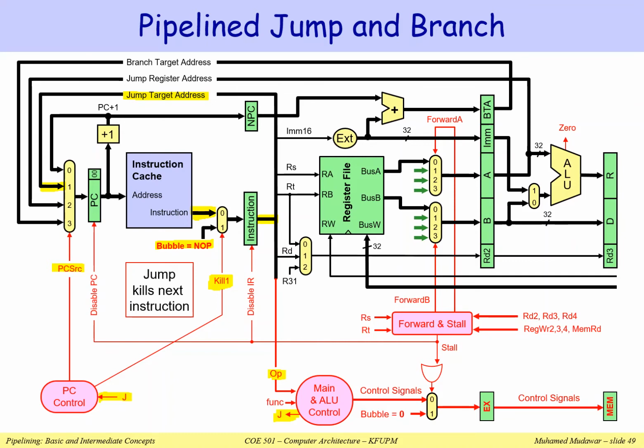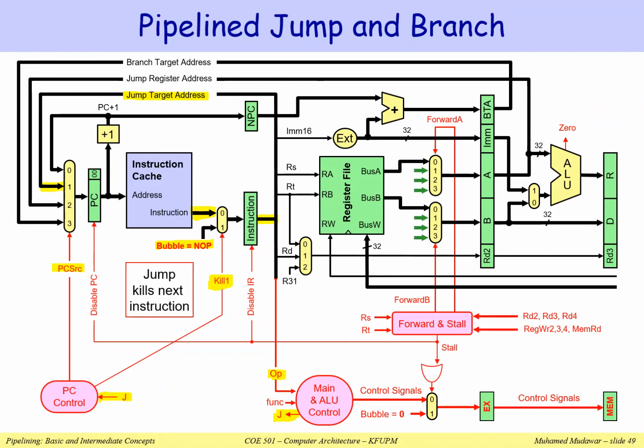This is what we have to do in the case of a jump. We waste one cycle because the instruction that was fetched is not used. So we are injecting a bubble into the pipeline in the case when the instruction is a jump.